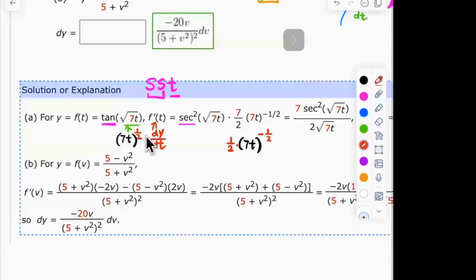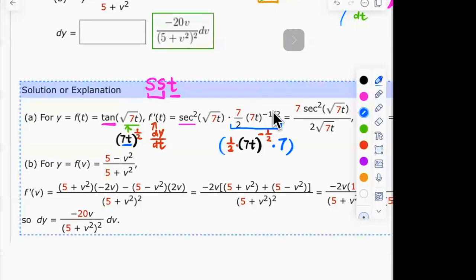Now we need to get to the innermost function. We still need to take the derivative of 7t, and it is 7. So you have 1/2 times 7 is 7/2, and then 7t to the negative 1/2 power.